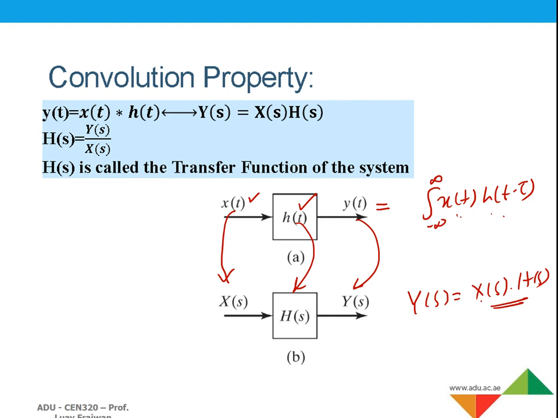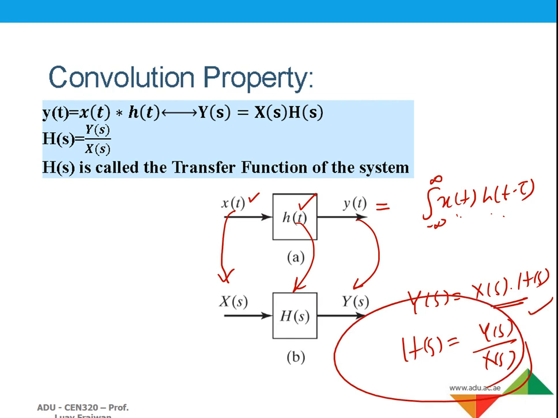From there we can calculate the transfer function, output over input. The calculation of the transfer function is very easy in the frequency domain, and if you know the transfer function, you can calculate the system response for any kind of input.